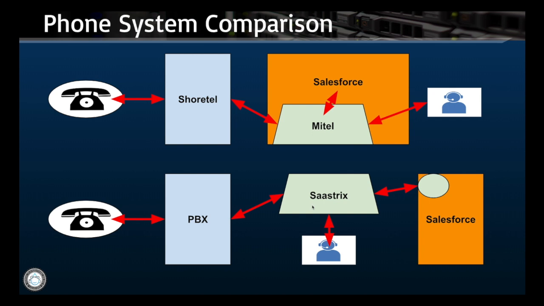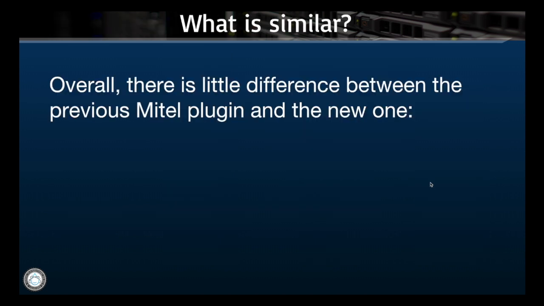And that lives in a web browser. And then we've got a plugin into Salesforce that talks to Sasstrix, and Sasstrix talks directly to the user. The user controls the phones directly without having to go through Salesforce, without having a physical device. So there's not huge differences between the Mitel plugin and the old system.